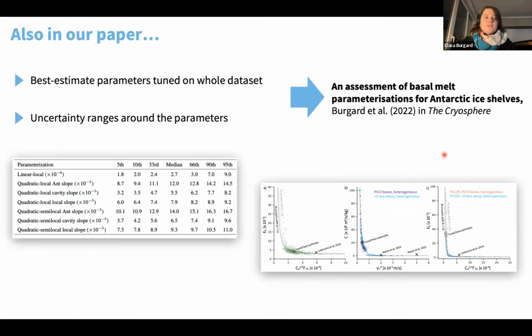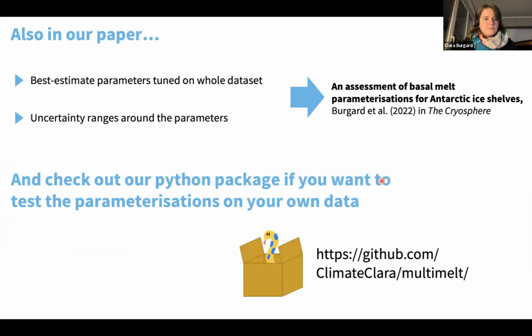And then we also give uncertainty ranges around the parameters, because we showed that it depends on the tuning. Just to have some estimates of the uncertainty. And here I put again the title and where you can find it. If you want to play around with the parameterizations, I coded them all in Python, and I made a small Python package, so you are welcome to check it out.